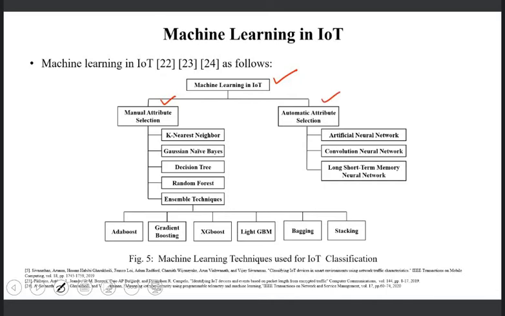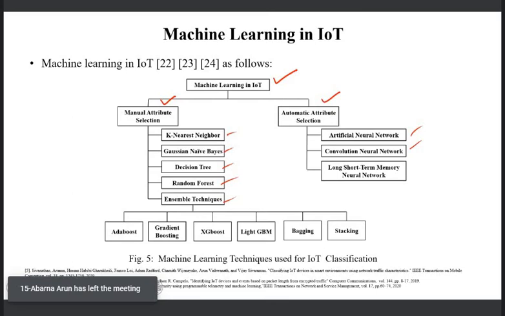For manual, we have used KNN, Gaussian naive Bayes, decision tree, random forest, and a combination of all these approaches, so you can say ensemble techniques. After this machine learning, we have also tried deep learning approaches with ANN, CNN, and LSTM.